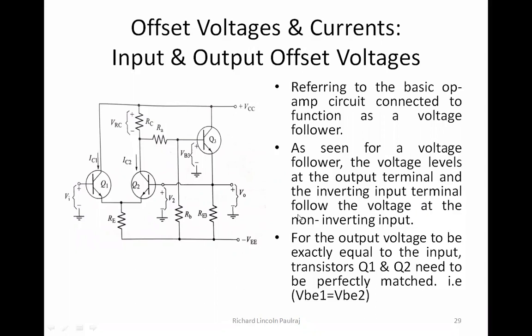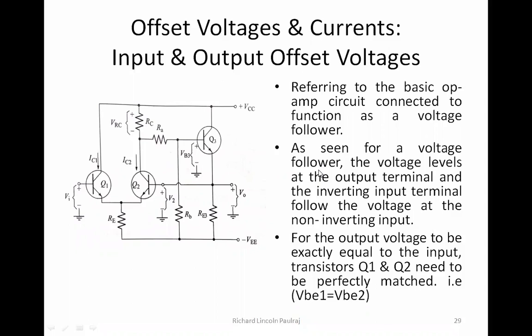Now we'll be looking into the input and output offset voltages. What is this offset? Offset is nothing but, instead of 5, if I'm giving about 5.1, then this 5 minus 5.1, which is about 0.1, becomes my offset. If this change is at the input side, then I call it input offset.